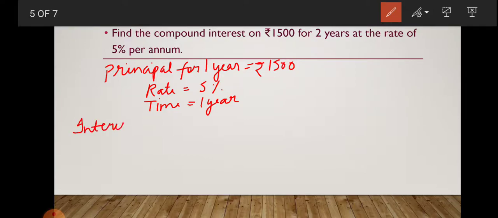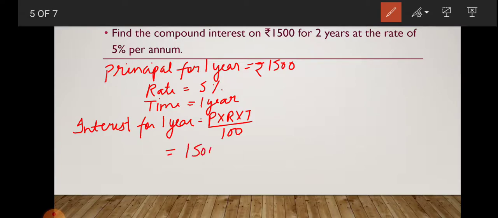So interest for 1 year is equal to P into R into T divided by 100 is equal to 1500 into rate is 5, time is 1 divided by 100. On solving we get rupees 75.